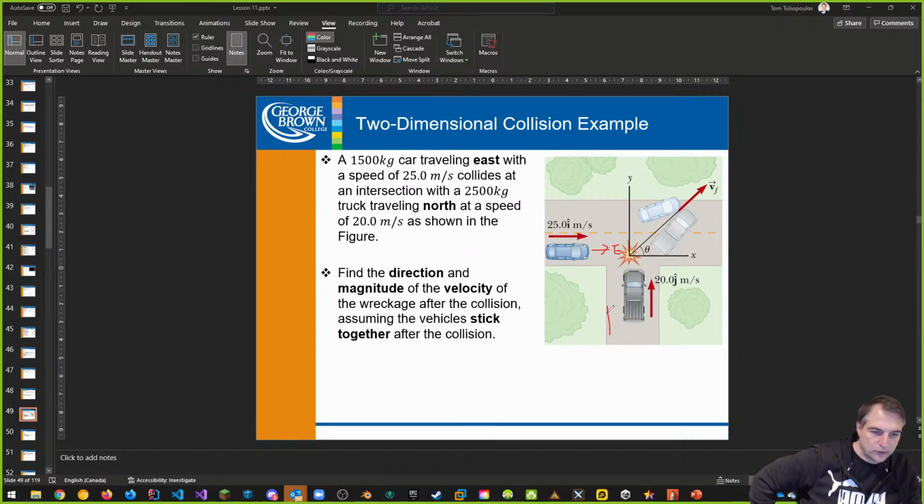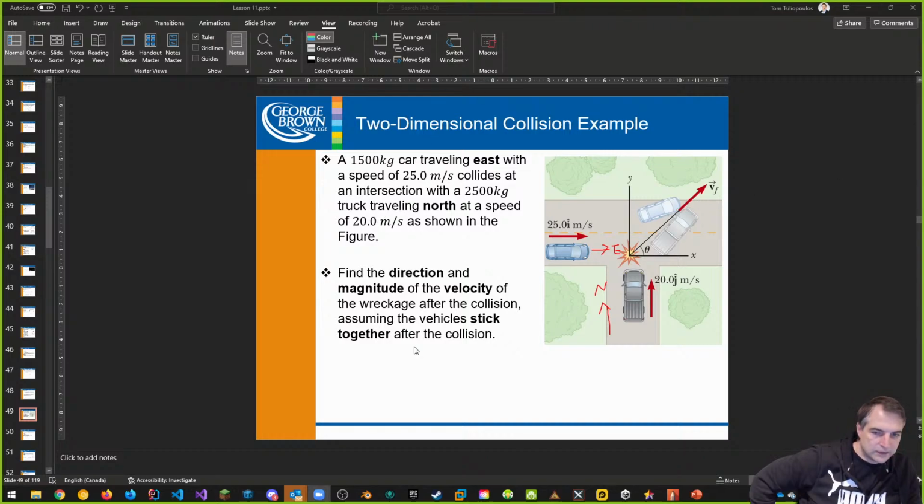This is the northerly direction, at a speed of 20 meters per second. So a faster, smaller car hitting a larger, slower truck, okay? That's what the situation is.